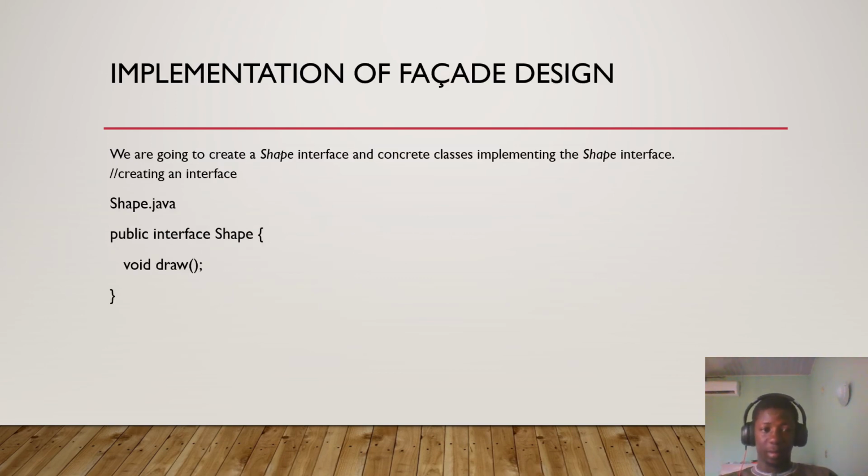Implementation of facade design. In this example, we are going to create a shape interface and concrete classes that implement the shape interface. First of all, we create the shape.java file, and this shape.java file creates an interface that has a draw method.